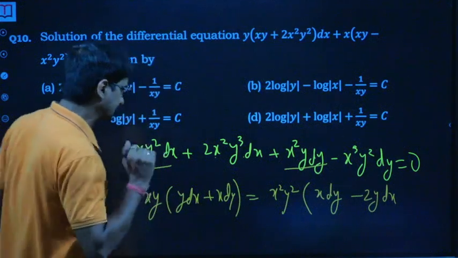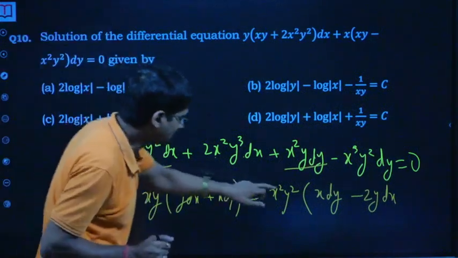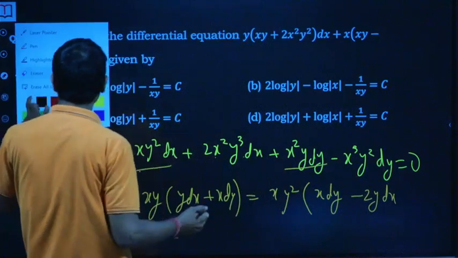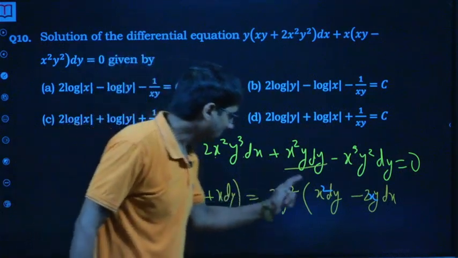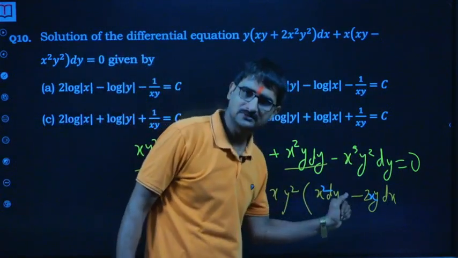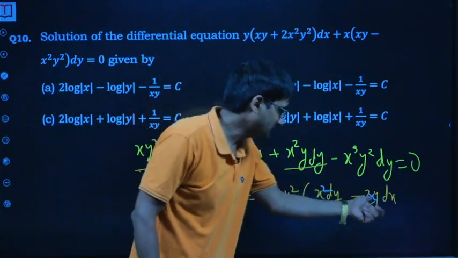Okay, now see, I will take one x from here inside the bracket, because now the derivative of x square is 2x. Okay, and of course derivative of y is dy.